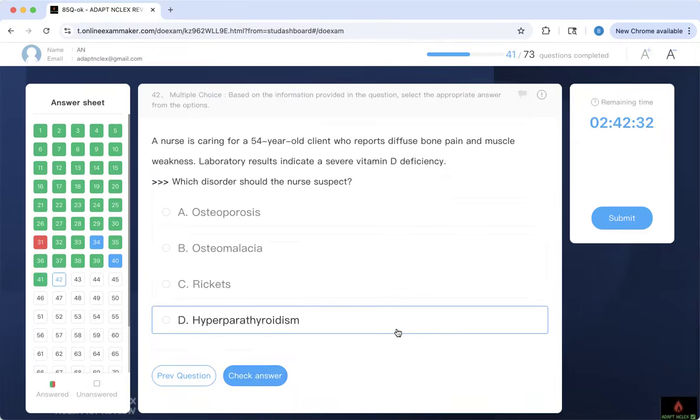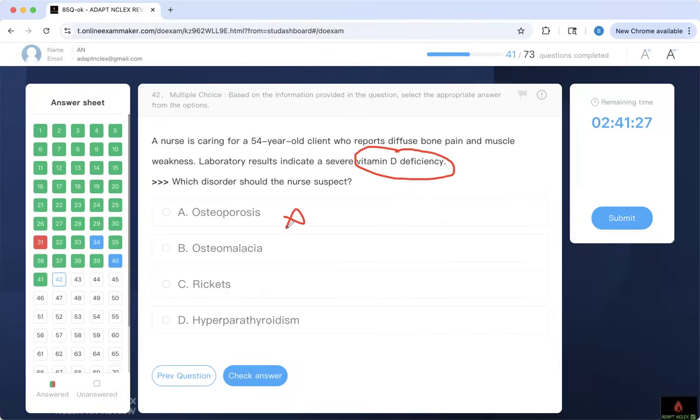Now, which disorder should the nurse suspect? Same thing. A nurse is caring for a 52-year-old client who reports diffuse bone pain, muscle weakness, vitamin D deficiency. Which disorder should the nurse suspect? The keywords are vitamin D, bone pain, muscle weakness. Vitamin D, I know it can be osteoporosis.